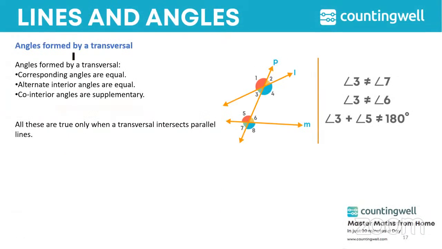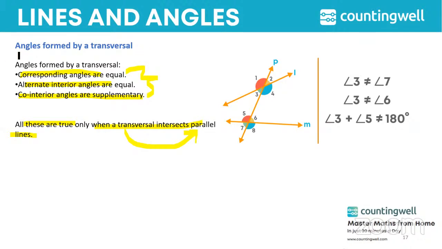Now let us see angles formed by a transversal. Corresponding angles will be equal in that case. Alternate interior angles will be equal. Co-interior angles are supplementary. All these are true only when the transversal intersects parallel lines. So only if in the question it is given that a transversal is intersecting parallel lines, then only these properties are true.